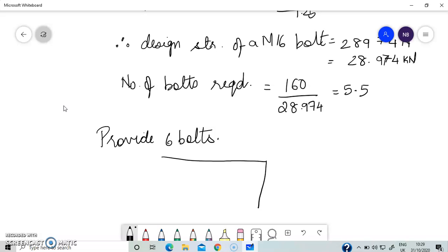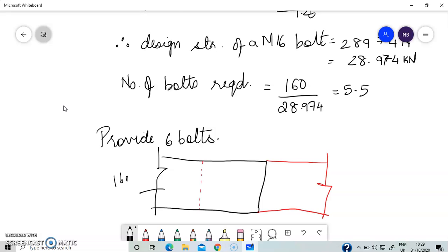So you have 2 plates, one 16 mm and one 12 mm. So let this be the 16 mm plate, and this is the 12 mm plate, which are connected by a lap joint.